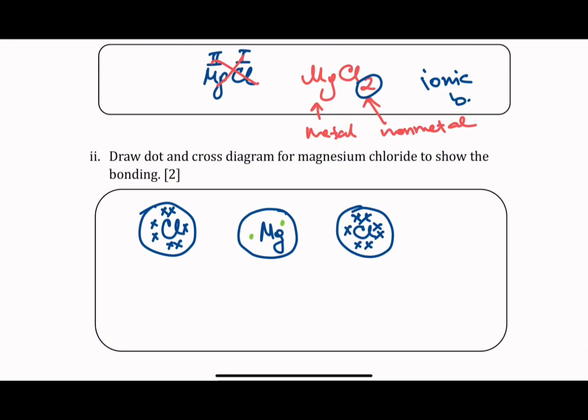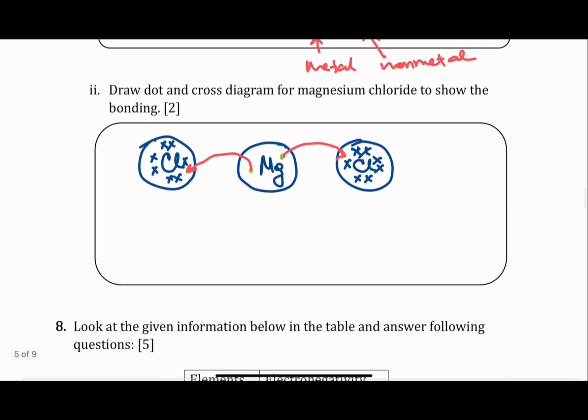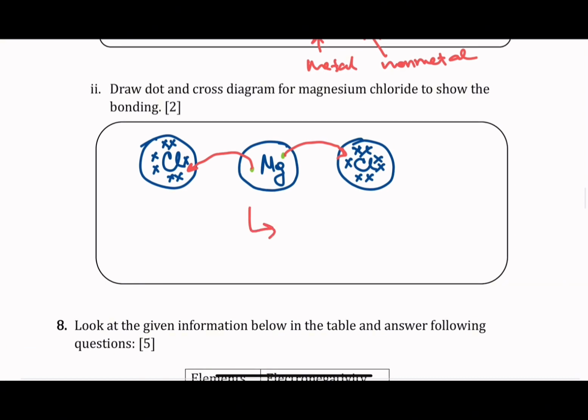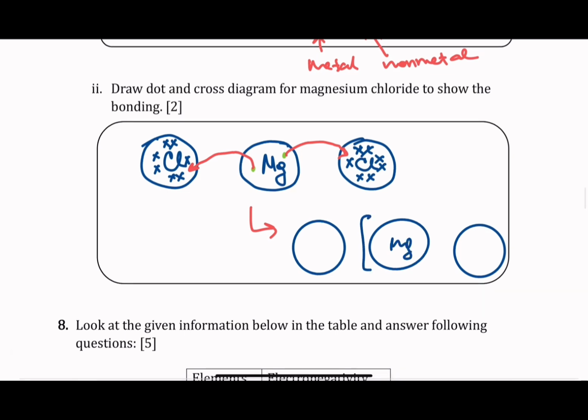Now, we know that this electron in here will transfer to here, and this will transfer to here because it is an ionic bonding, right? And the final product would be like this. So we got magnesium, chlorine, and so magnesium in the center, it will be +2 because it lost the electrons.